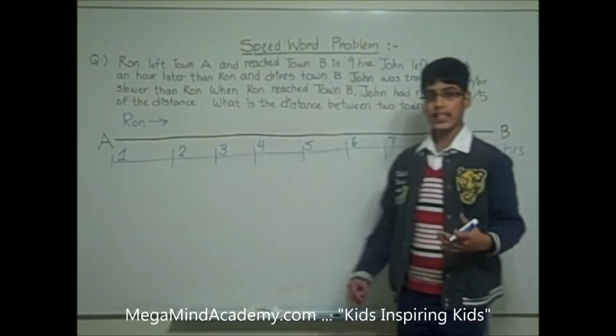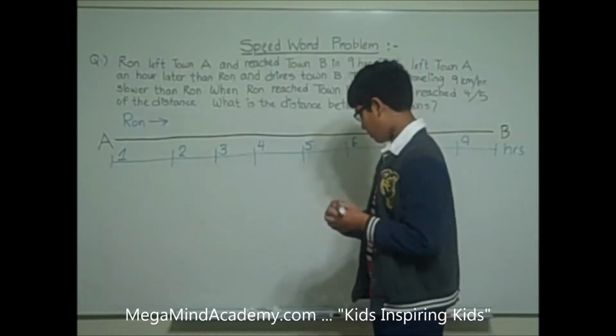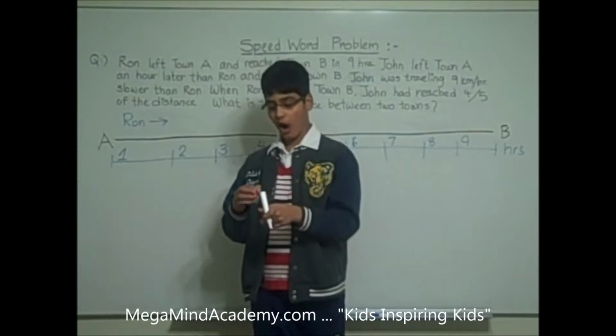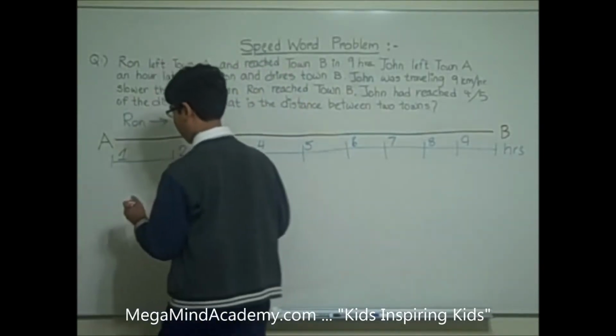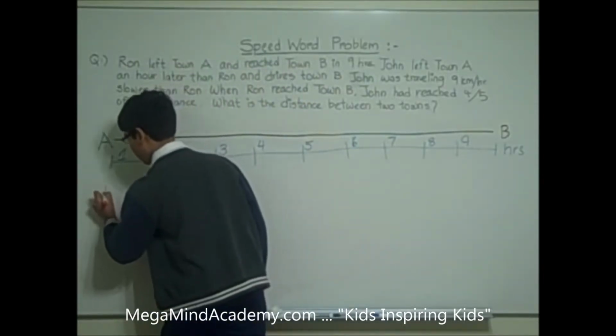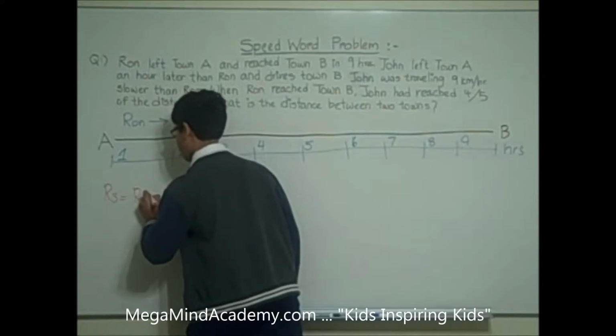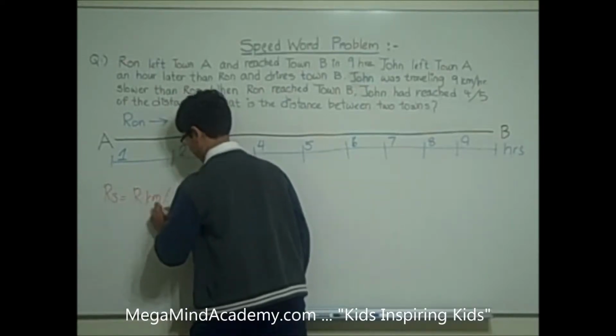Now, let's say that Ron's speed is equal to R. So Ron's speed is equal to R kilometers per hour.